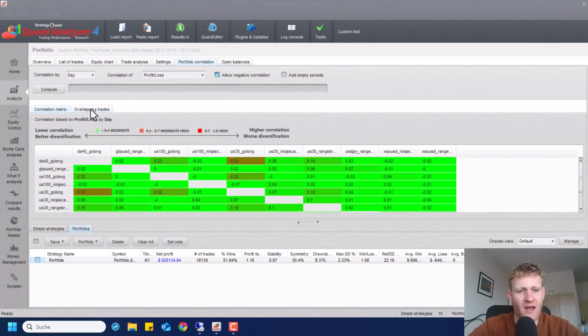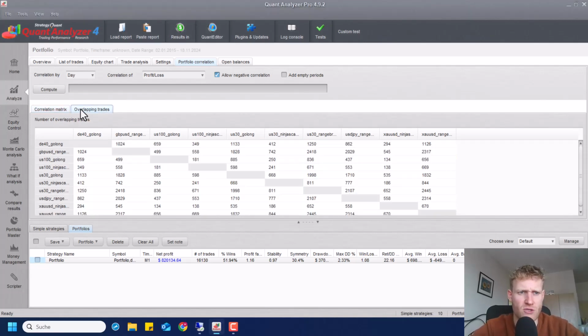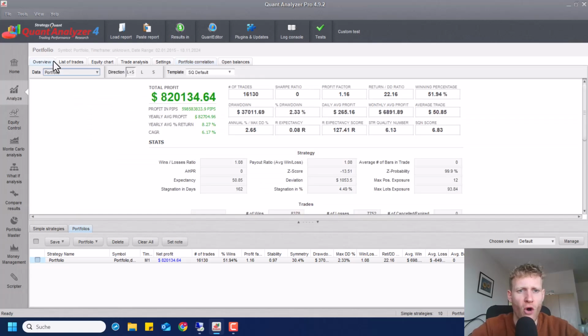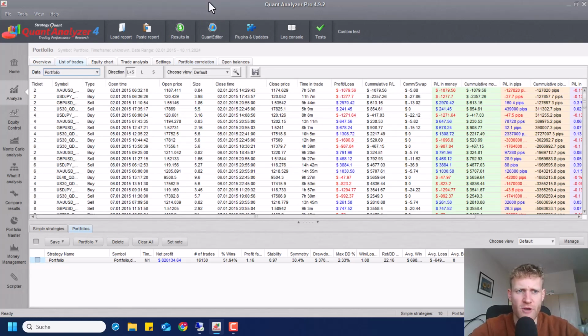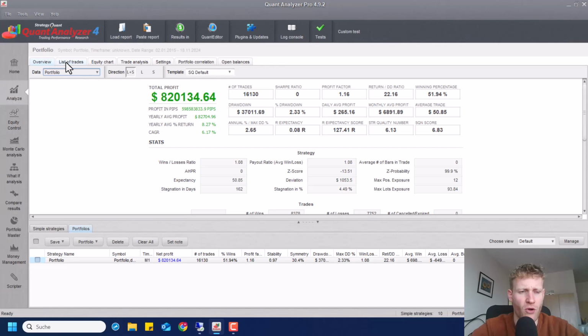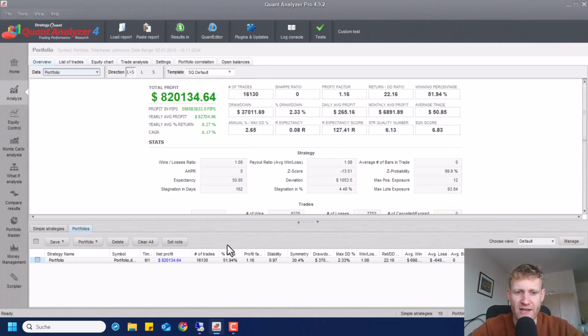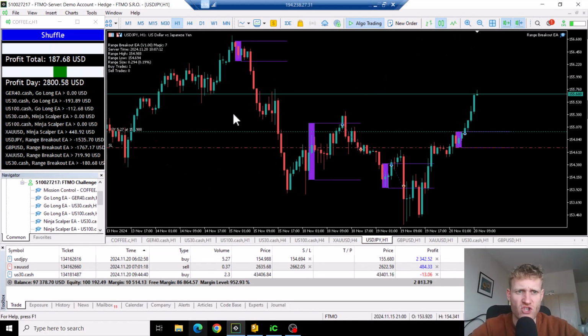And this means that on average, I would say using this portfolio should help me to reduce the drawdown overall. So yeah, that's pretty much my portfolio and the portfolio that I use here to try to pass this very challenge.